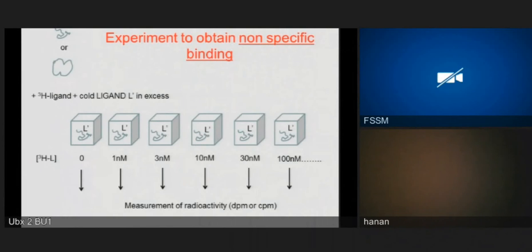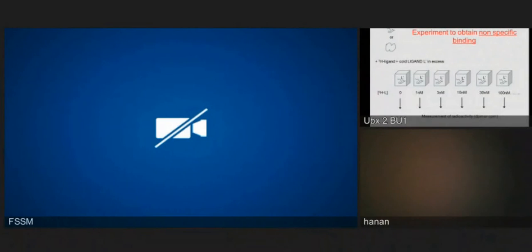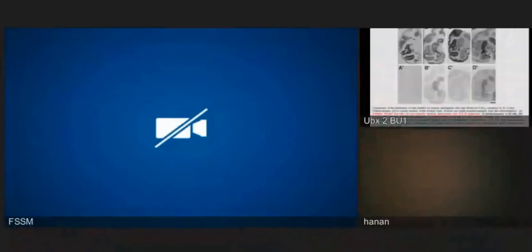It's like you remove it and then you calculate the non-selective binding. Is that clear? Yes, sir, thank you. Okay.